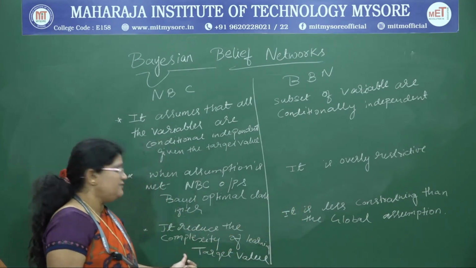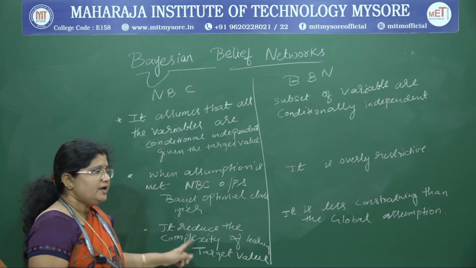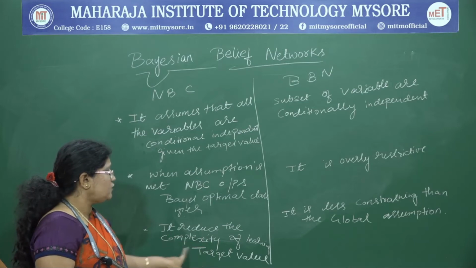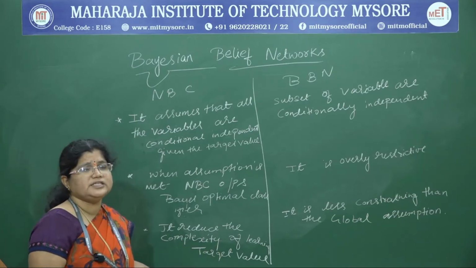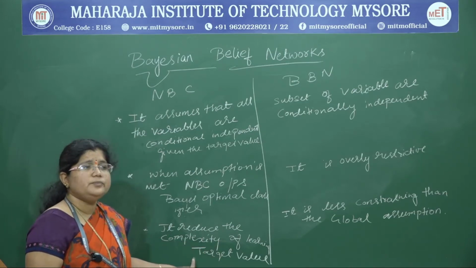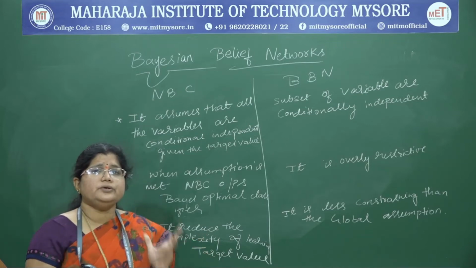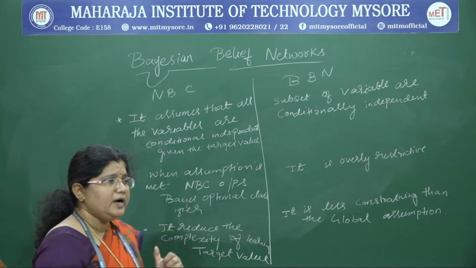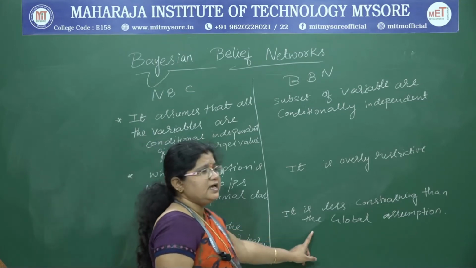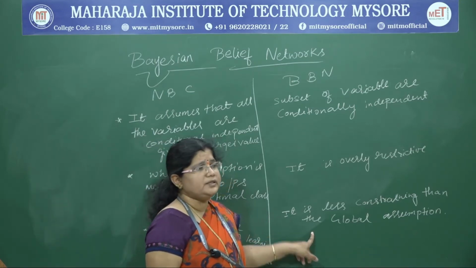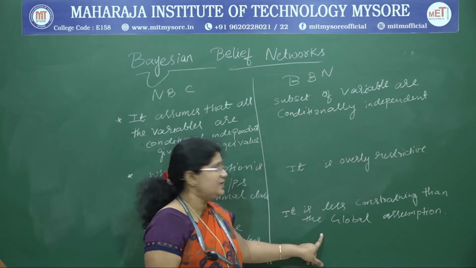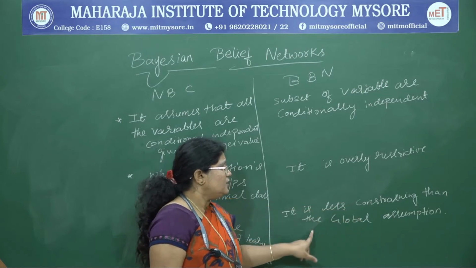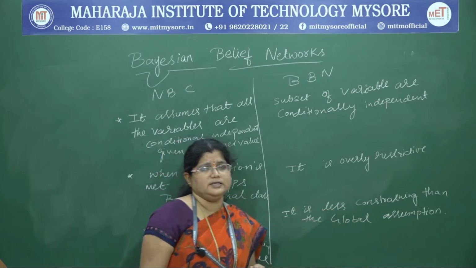The last difference is that the Naive-Bayes classifier reduces the complexity of learning the target value, because it contains a global assumption. The Bayesian belief network is less constraining with respect to the global assumption.